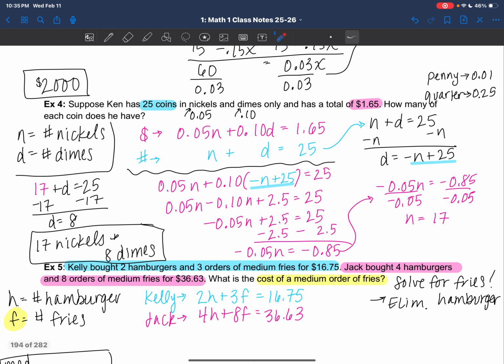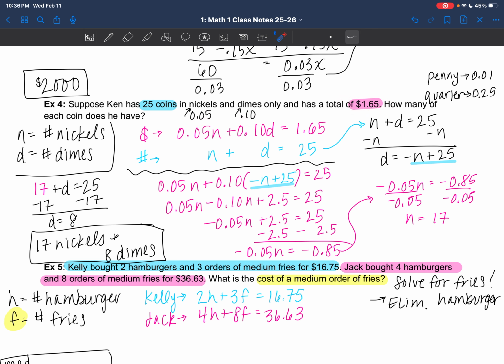So we're going to make one equation that has to deal with the value of it. So we know nickels are 5 cents each, and we know dimes are 10 cents each. So we're going to add those together, and then since this is dealing with the value, we want to use the money that goes here.